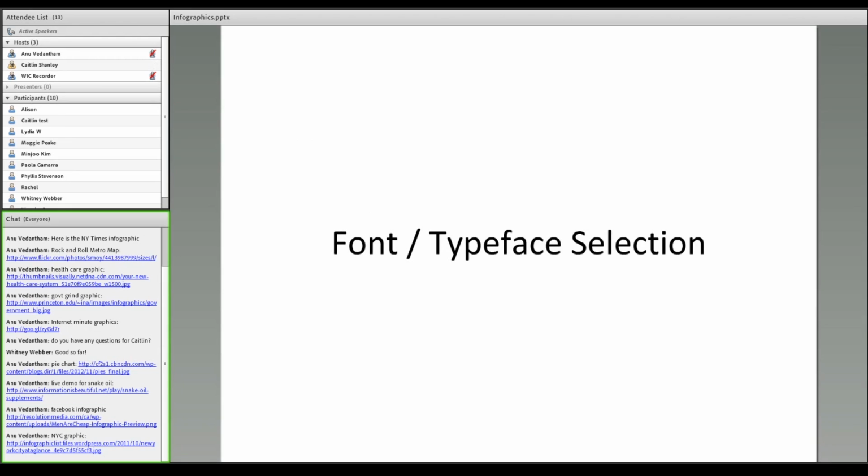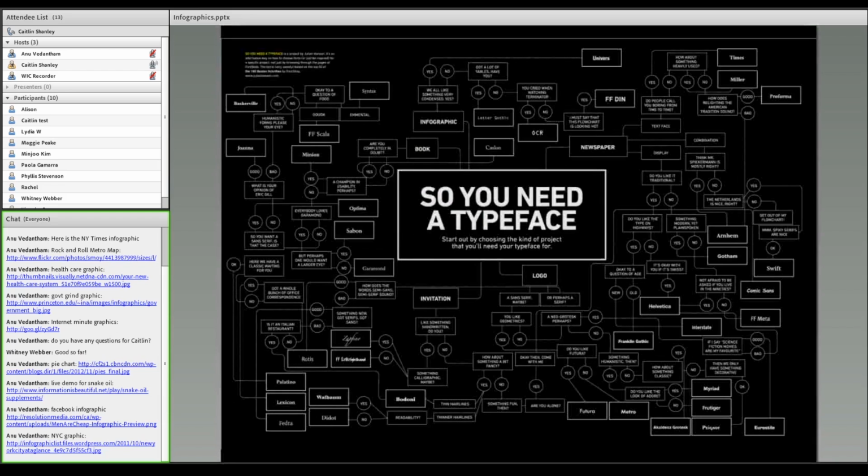Getting to the nuts and bolts, you're going to want to find images and find type to use for your infographics. We've talked about how powerful type can be, so you want to make sure you're making good choices. This is an infographic about choosing a typeface.